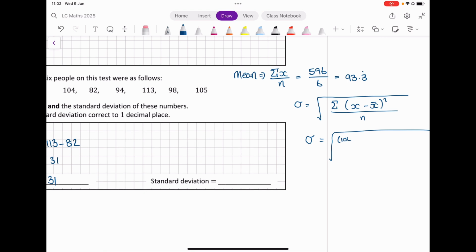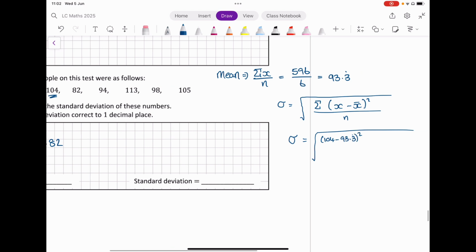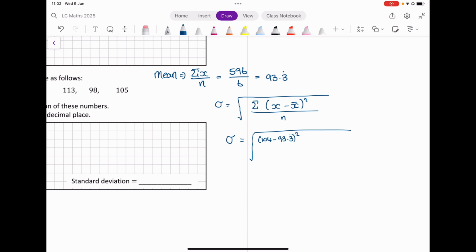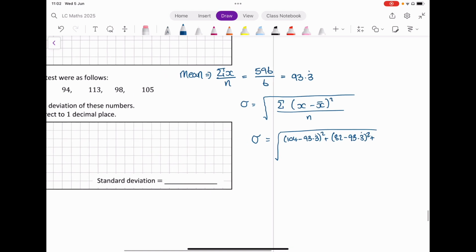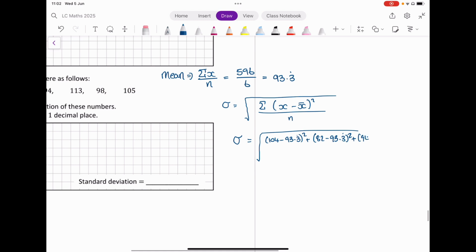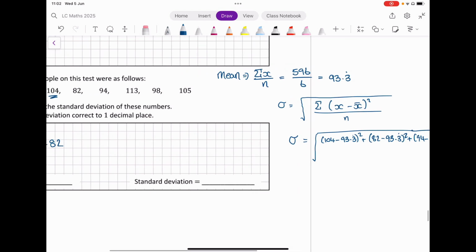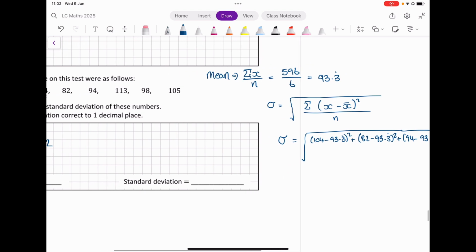So it's 104, which I'm getting from here, minus the mean, 93.3 recurring, squared. And then I'm going to add the next number, 82 minus 93.3 recurring squared. And I just keep doing that for all the numbers. 94 minus 93.3 squared. We keep on extending out our square root because it's going to be the square root of all of those.